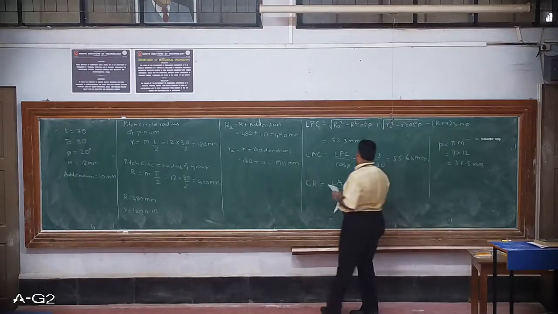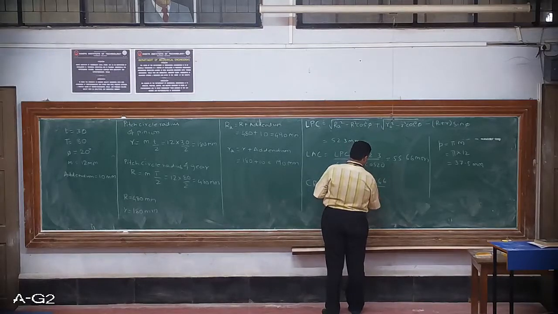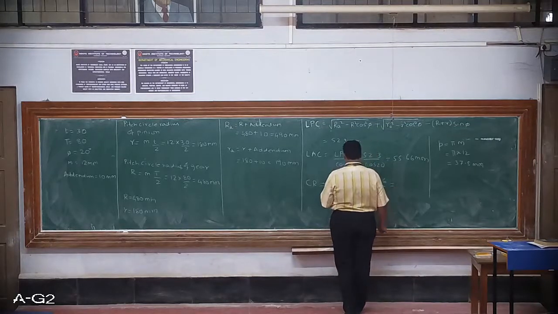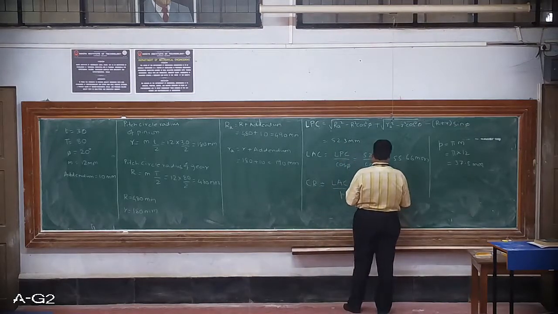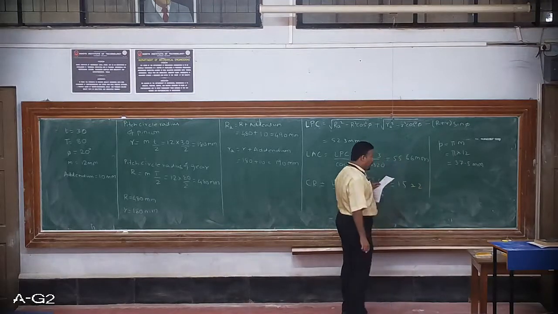So here this will be 55.66 divided by 37.5, which comes to around 1.5. So you can take the contact ratio as 2.